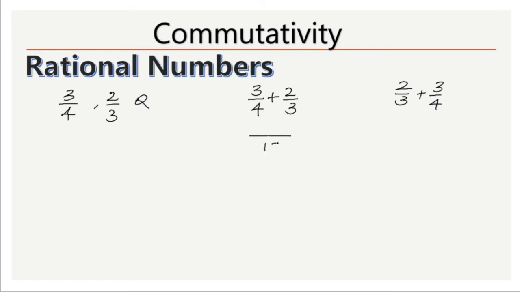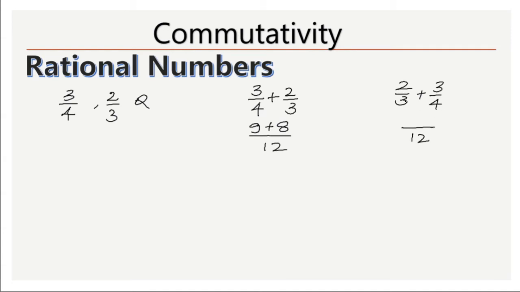LCM in both the cases is 12. If 12 is the LCM, this has to be multiplied by 3, it becomes 9. This has to be multiplied by 4, it becomes 8.